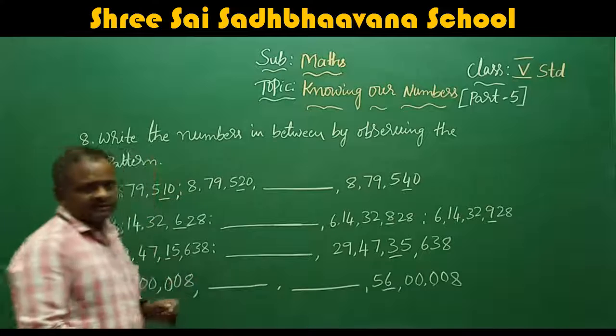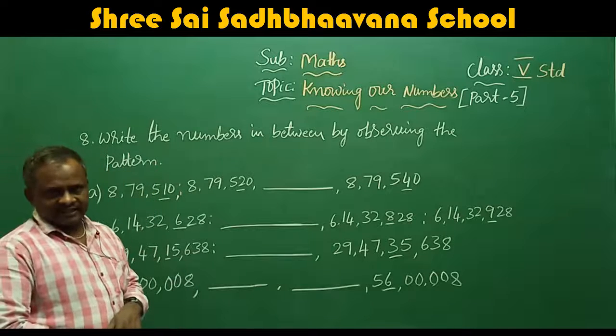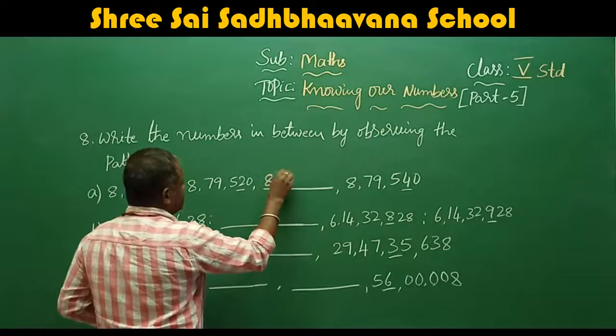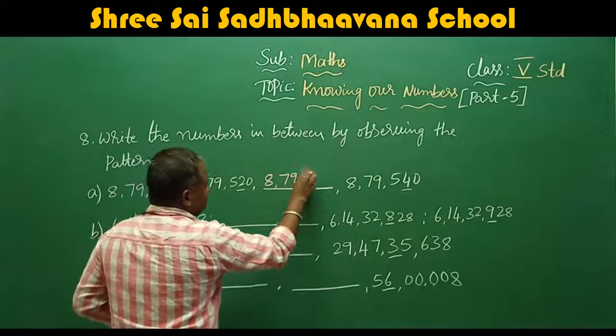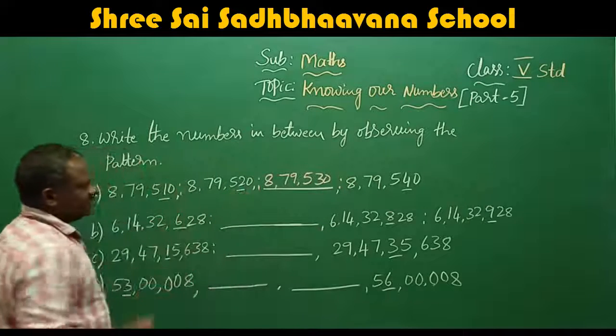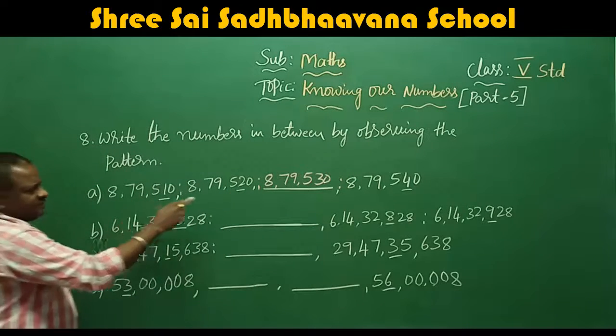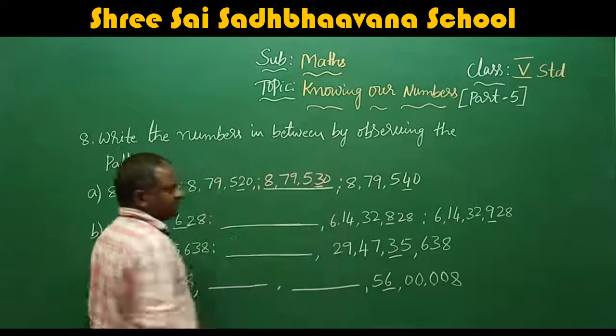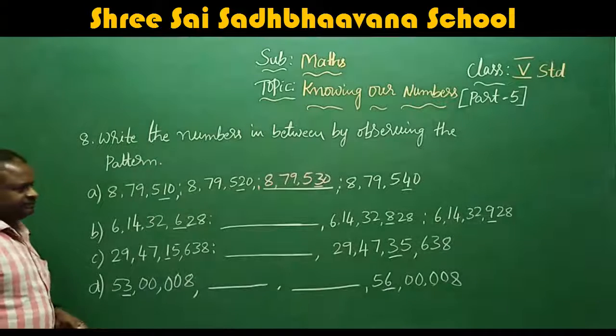That means here it is 30. So we have to write 8,79,530. Okay, 510, 520, 530, 540. So this is the pattern.